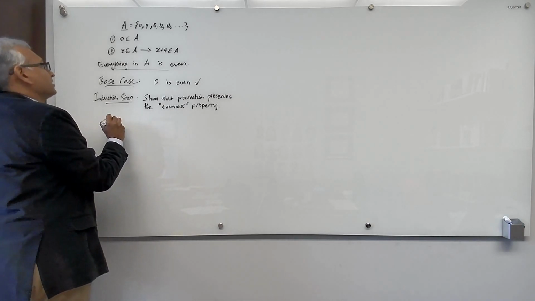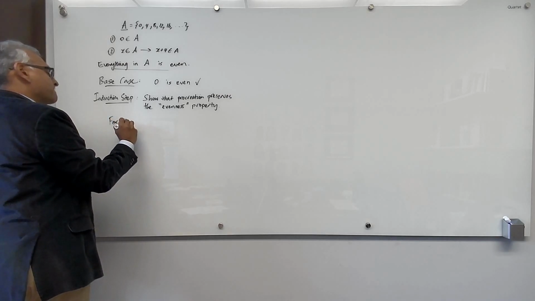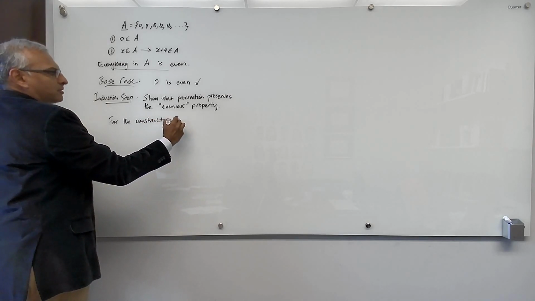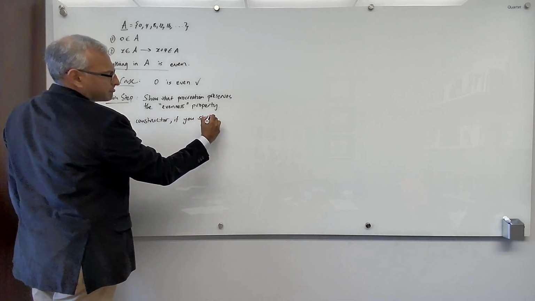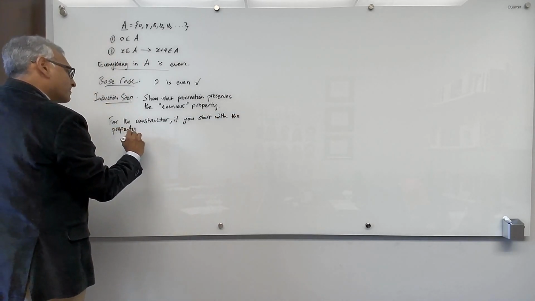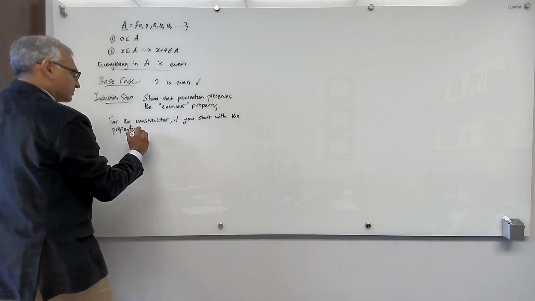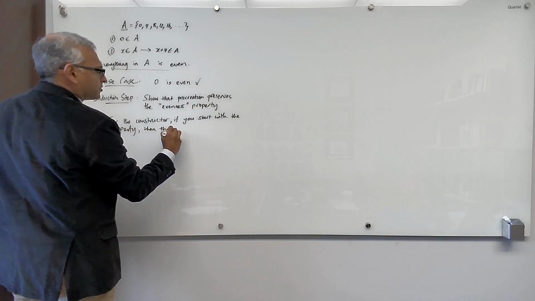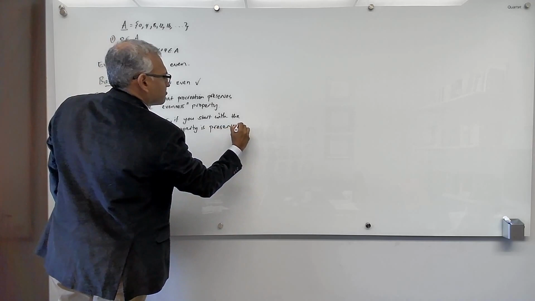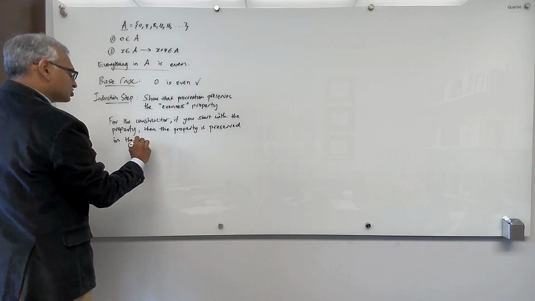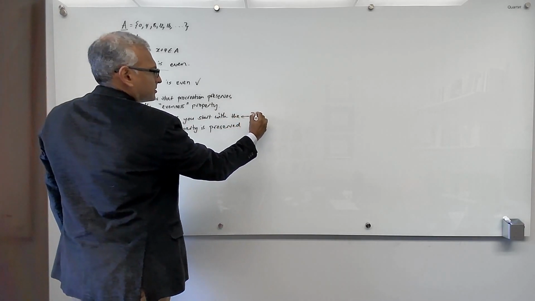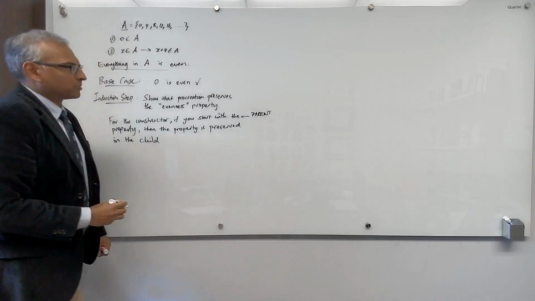So we have to show that for the constructor, if you start with the property, then the property is preserved in the offspring, in the child. If the parent has the property, then it's preserved in the child.